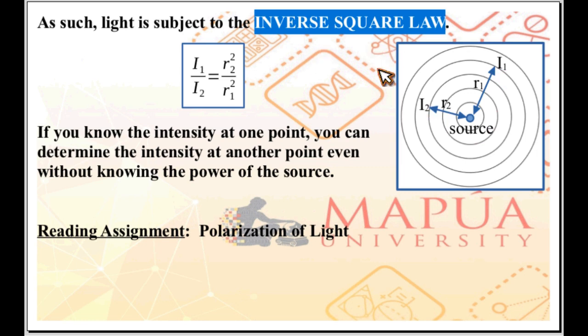The inverse square law tells us I1 divided by I2 is equal to R2 squared divided by R1 squared. This tells us that if you know the intensity at one point, you can determine the intensity at another point even without knowing the power of the source.